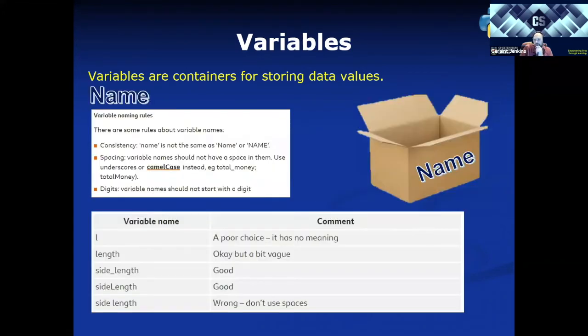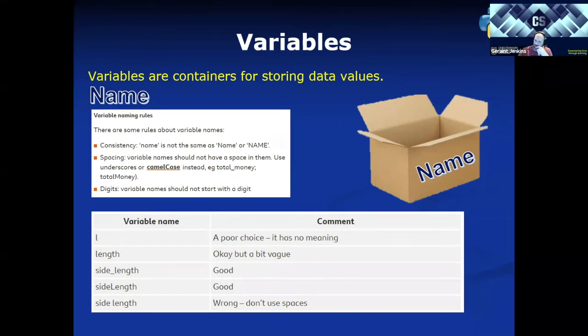So the naming is very important, and we have a set of rules. It has to be consistent. You have to be careful how you name it. Spacing: variable names should not have a space in them. Use an underscore or camel case.